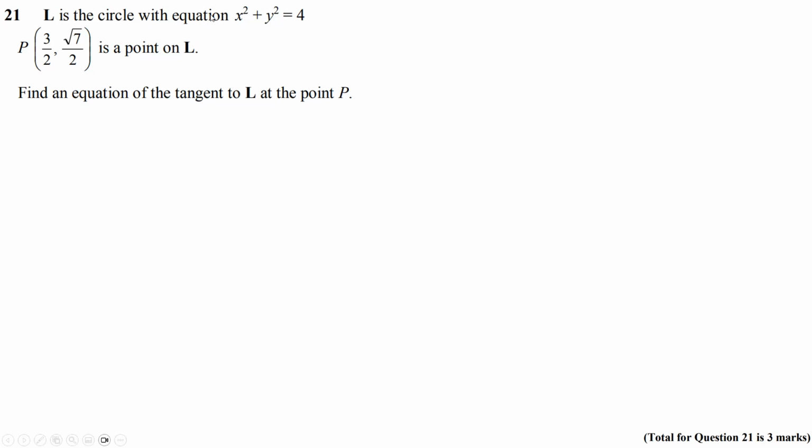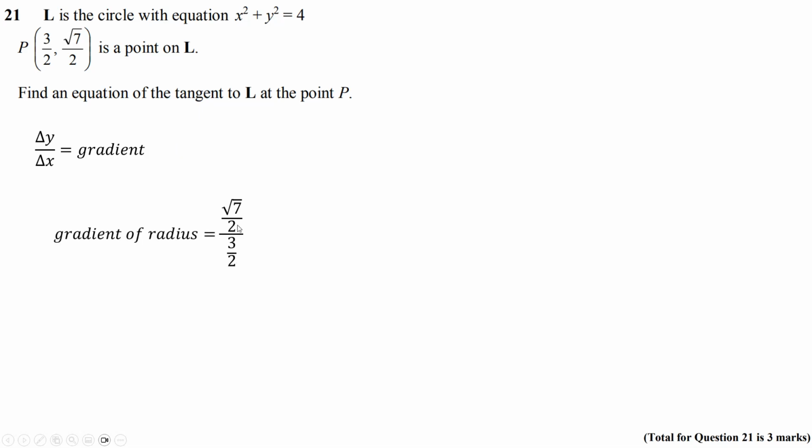Okay, so the way that you do this, well, we know that change in y over change in x is the gradient. The gradient of the radius, so from the center (0, 0) to this point here, which is on the circle, we know that the change in y, so root 7/2 minus 0, divided by 3/2 minus 0 is the gradient.